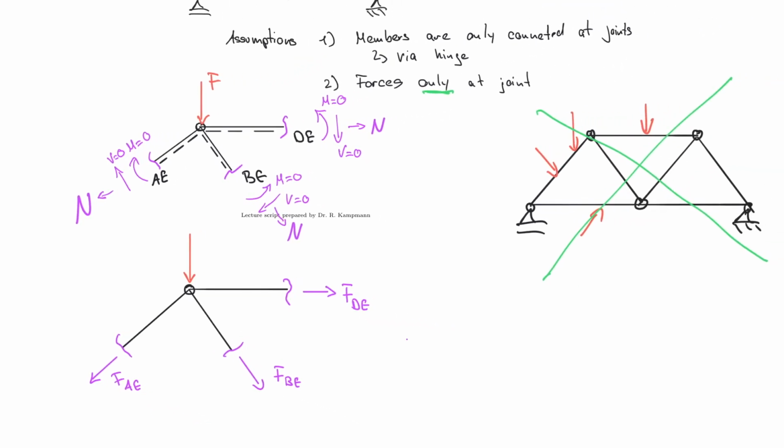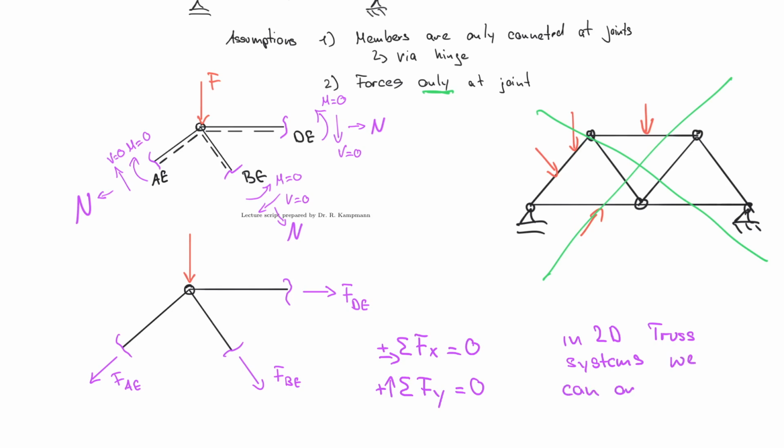I release those three forces and I only have actually two equations that I can deal with to solve these problems. So I have the sum of the forces in x being equal to 0 and the sum of the forces in y being equal to 0. So you see we're taking a step back, right? So for now we're not using the moment, and so therefore we only have two equations because it's a 2D system. So in 2D truss systems, we can only find two unknowns at a time.